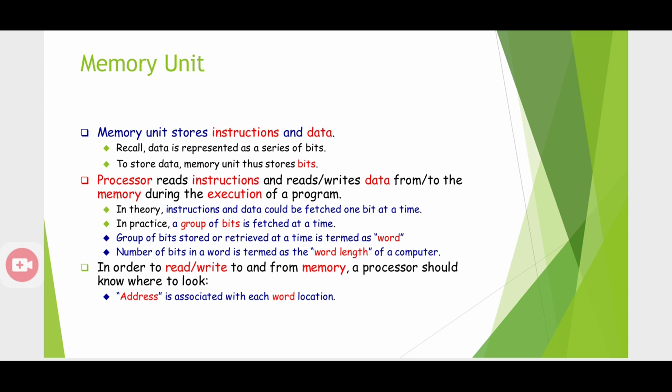The processor reads the instructions and data from the memory unit. That process is known as fetching the instructions and data from the memory. Actually, processing is done in the processor, which retrieves or fetches the instructions and data from the memory.